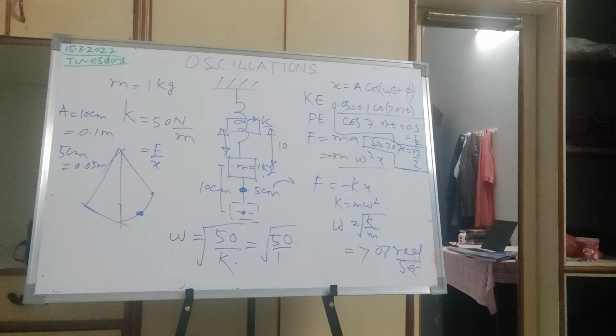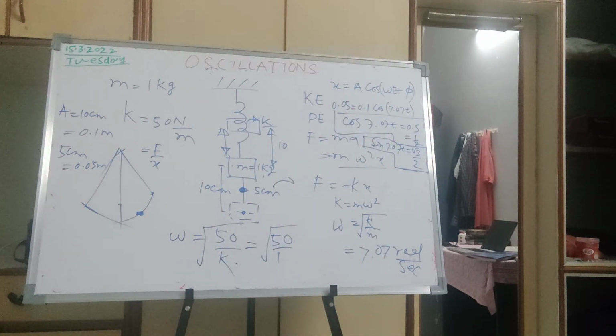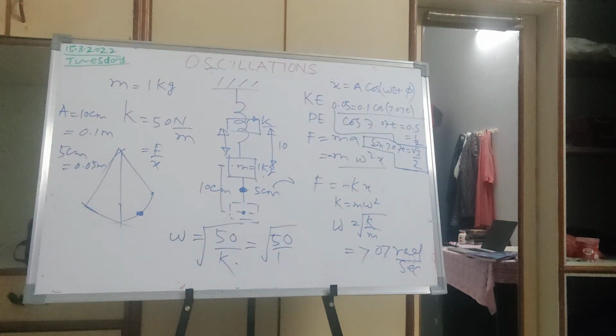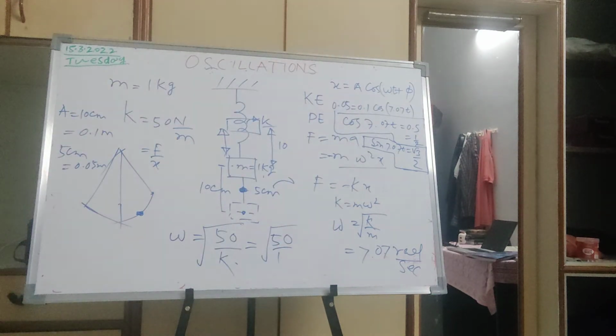You don't worry about the time now, but at least you know that at a displacement of 5 cm, these are the two expressions. So we can find the velocity of the block at this displacement, and the kinetic energy and potential energy, all these things we can write.